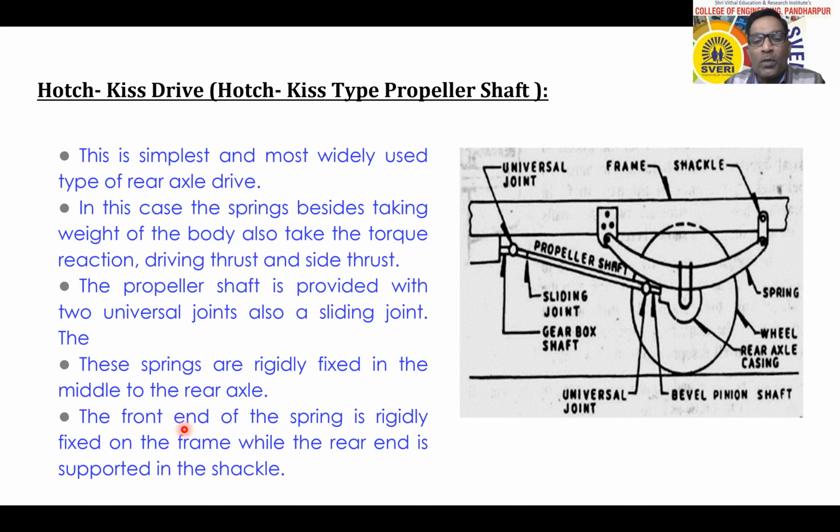The front end of the spring is rigidly fixed on the frame while the rear end is supported in the saddle. To have flexibility to accommodate length, that is supported with the flexible joint.